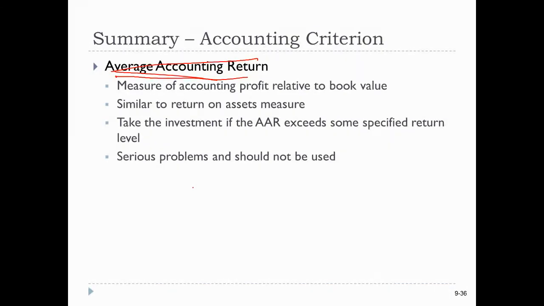And these things have very little to do with the actual creation of economic value, and there are serious problems with this one. I don't want to spend any more time on it because it can often lead to poor investment choices. And so whenever you see AAR, average accounting return, skip over it. You're not going to be asked any questions about that.